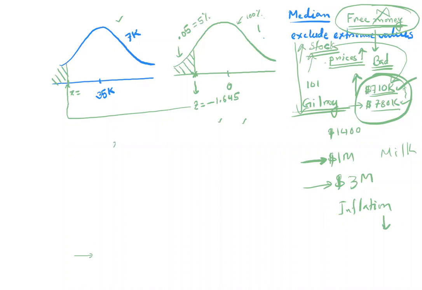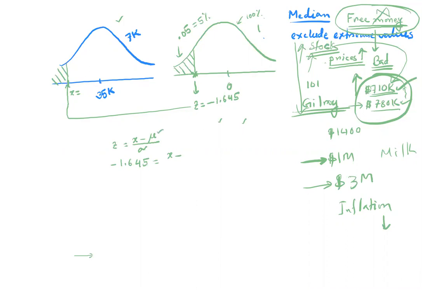Remember, z is equal to x minus mu over sigma. In our case, z is negative 1.645. Negative 1.645 is equal to x minus mu over sigma.